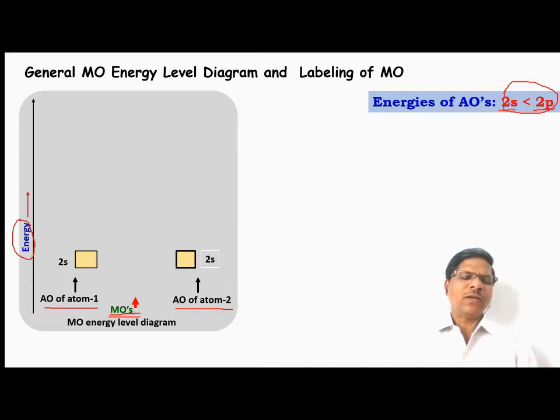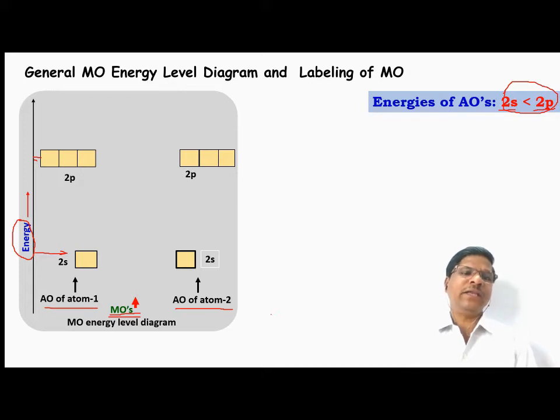Now the 2s atomic orbitals are lower in energy than the 2p atomic orbitals. Suppose this is the energy level. Okay, you can see this is the energy level of the 2s atomic orbital. Like this we have the energy level of the 2p atomic orbital. So already I described that 2s and 2p are different in energy. 2s is lower, so they are shown at a lower position. 2p are higher in energy, hence they are shown at the higher level.